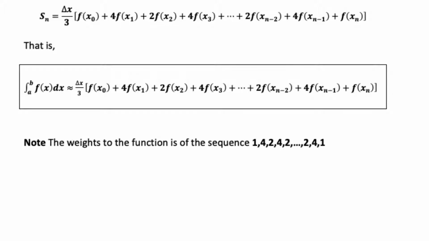And that goes all the way up to, and I want you guys to pay attention, the ending part, which would be 4. Okay, 2 f of x n minus 2 plus 4 f of x n minus 1 plus, and that's going to end this way, f of x_n.